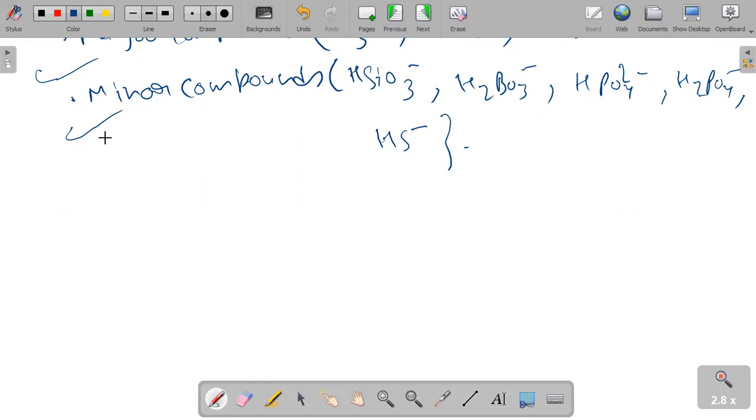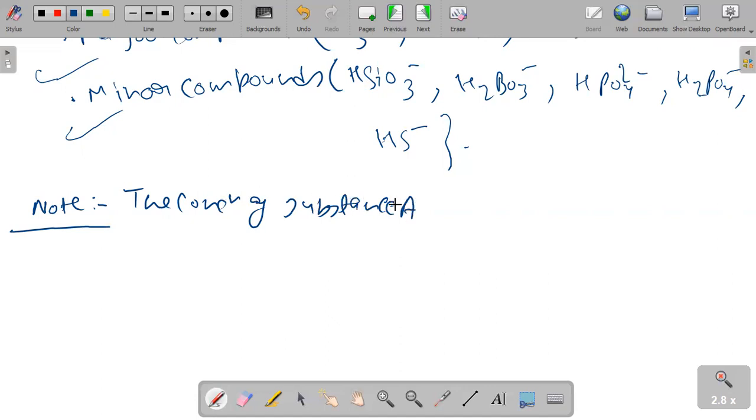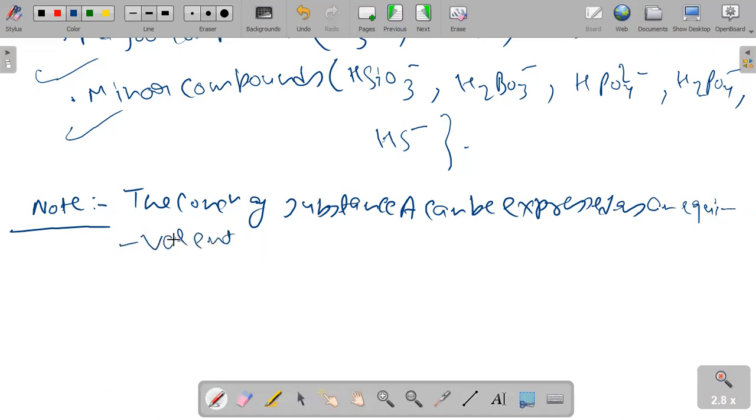Make a note: the concentration of substance A can be expressed as an equivalent concentration of another substance B. Do remember this concept, it will help you a lot.